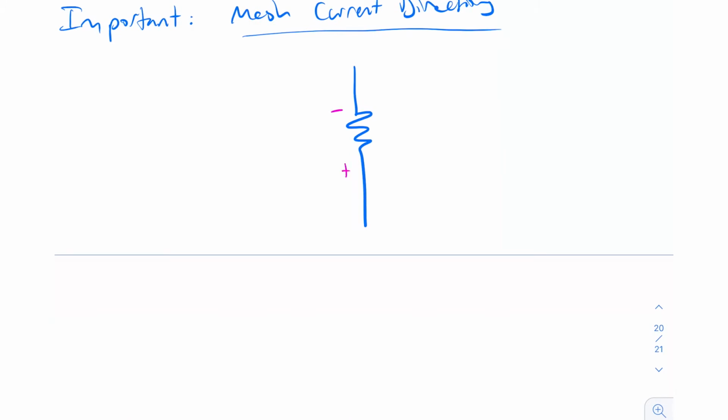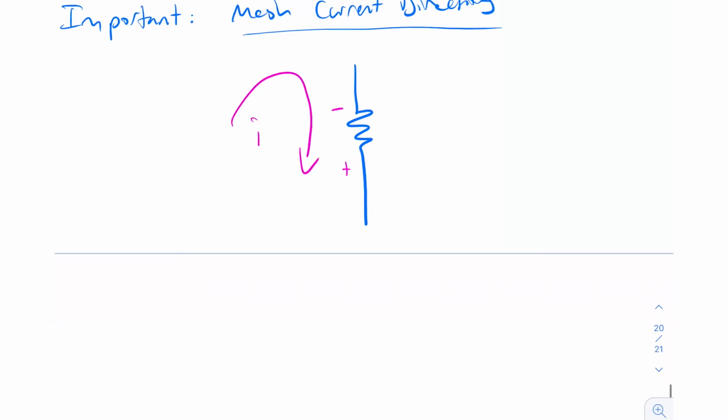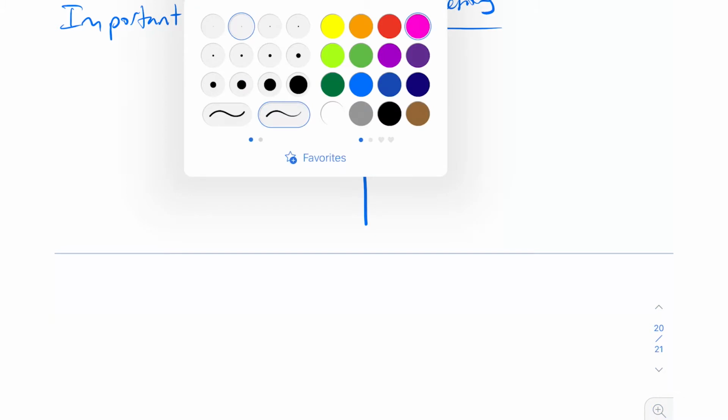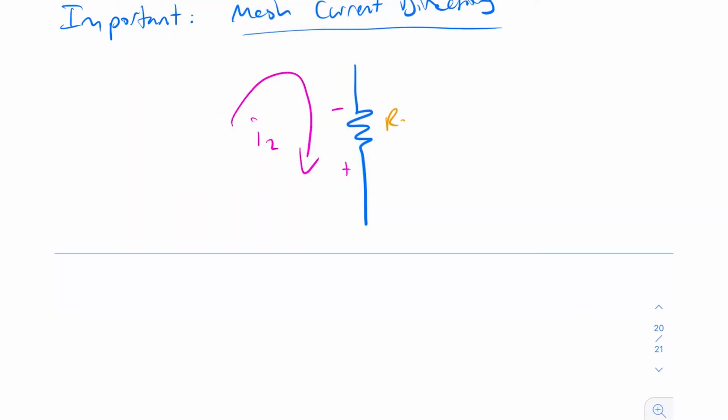So let's say you've got minus, plus there, you've got I2 going down that way, and let's call this resistor R3. What is the mesh current for I3? I3 here would be equal to minus I2. This is a bit crazy, but it's an important point.